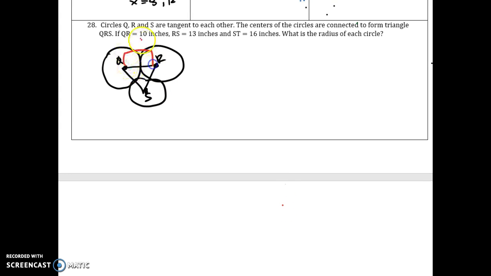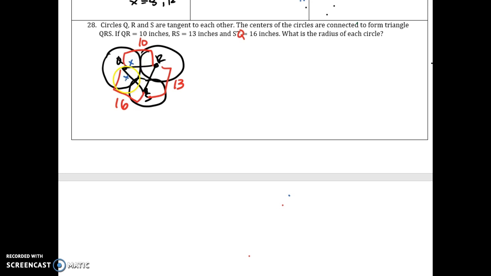So if QR is 10 and RS is 13 and SQ is 16, what is the radius of each circle? There's the typo, that should be SQ.